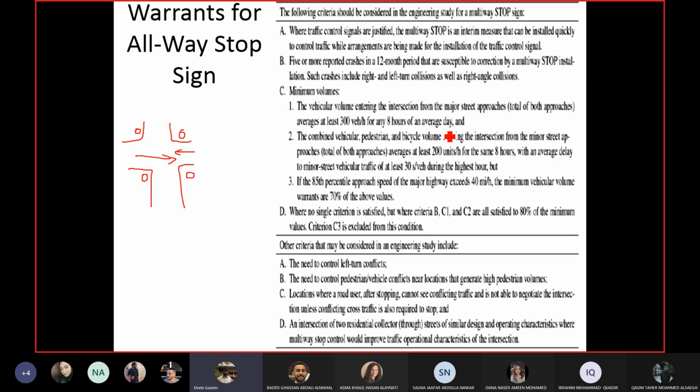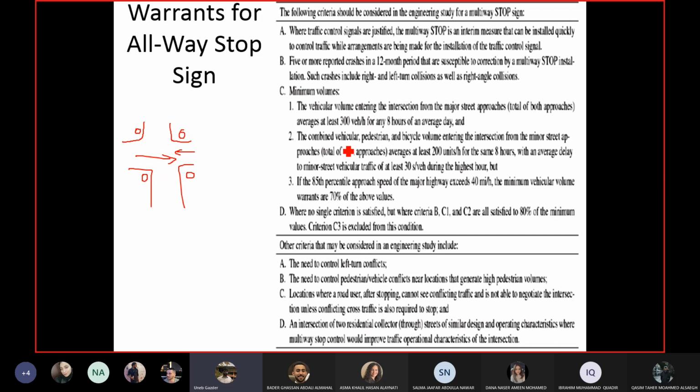You take the volume for 8 hours, and in those 8 hours the volume does not go below 300 vehicles per hour. This is what they mean: there is an 8-hour period in the day in which the volume does not go below 300 vehicles per hour.